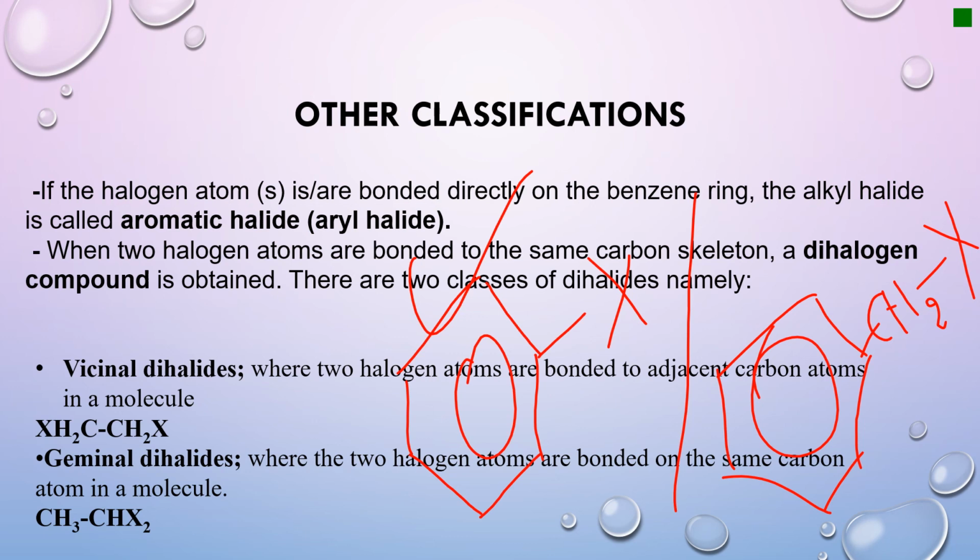It means that the halogen is not directly attached to the benzene ring. This is an alkyl halide, but not aromatic, while that one was an alkyl halide which is aromatic.